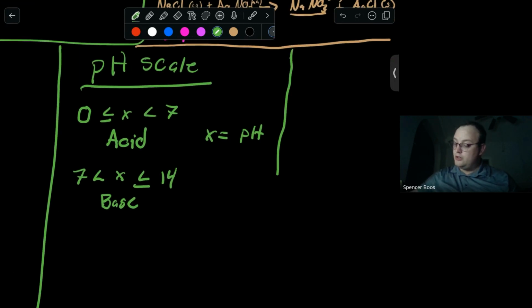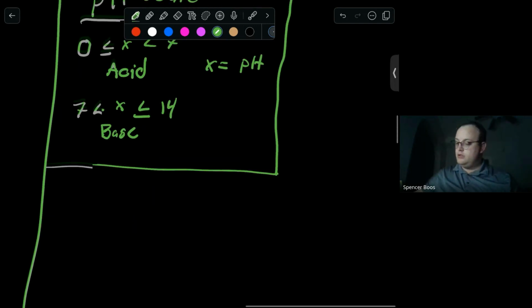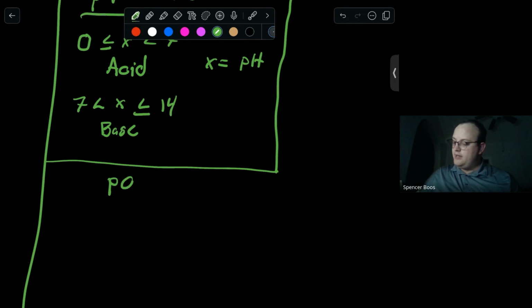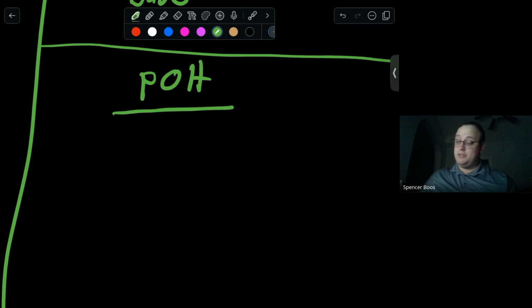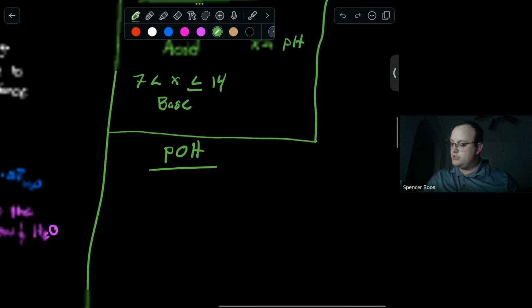Conversely, we can also determine it if you are given the pOH. So let's say we are given the pOH. You'll notice it's very similar.